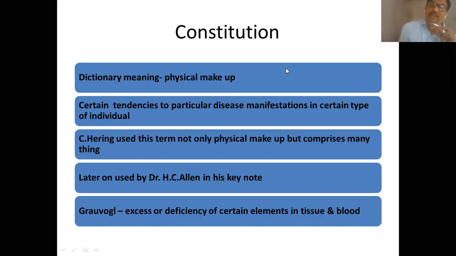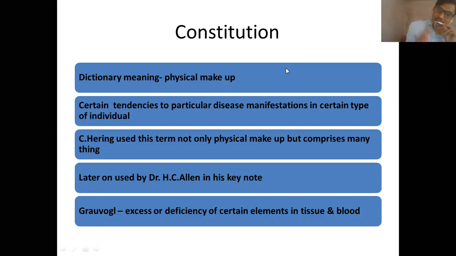The name is actually The Guiding Symptoms of Our Materia Medica by Constantine Hering, so it is usually called Hering's Guiding Symptoms. He has written one more book, The Condensed Materia Medica. And in these two books, Dr. Constantine Hering has extended the use of this term constitution not only up to the physical makeup, but he has used it in relation to various other things.